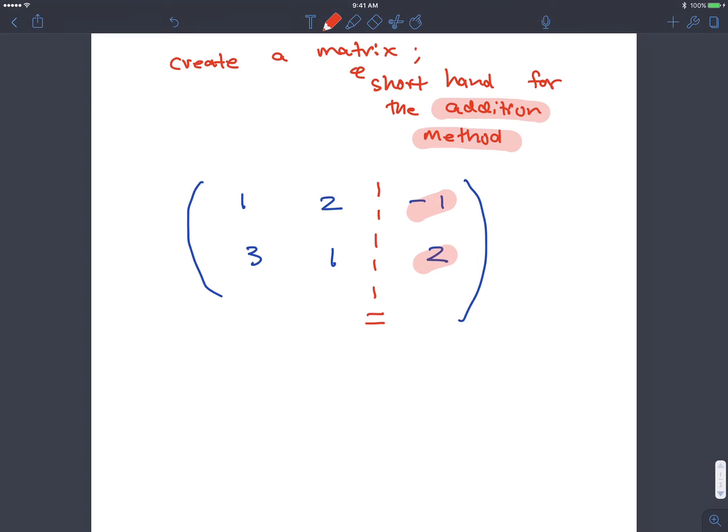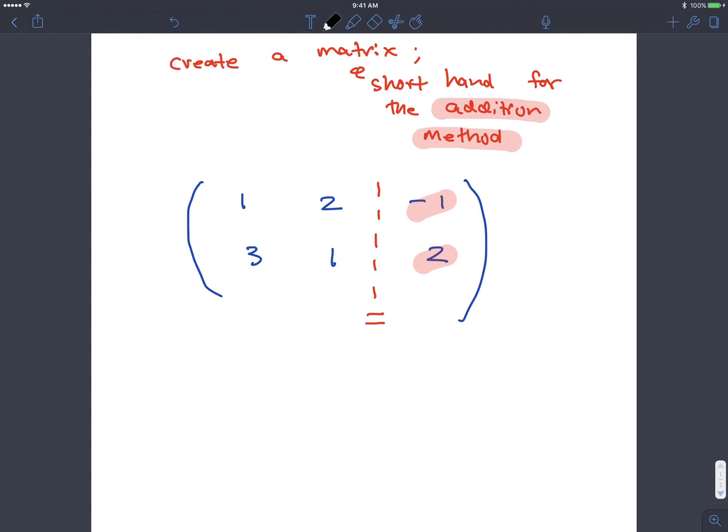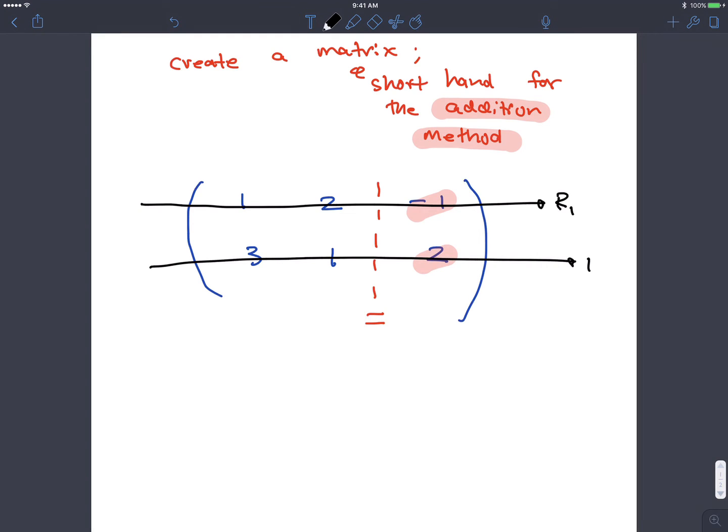Now, some more details. This is known here as the first row, and this is known here as the second row. We read that top row as the first one, the bottom row as the second row. This is also known, by the way, as the first column, the second column, and the third column.